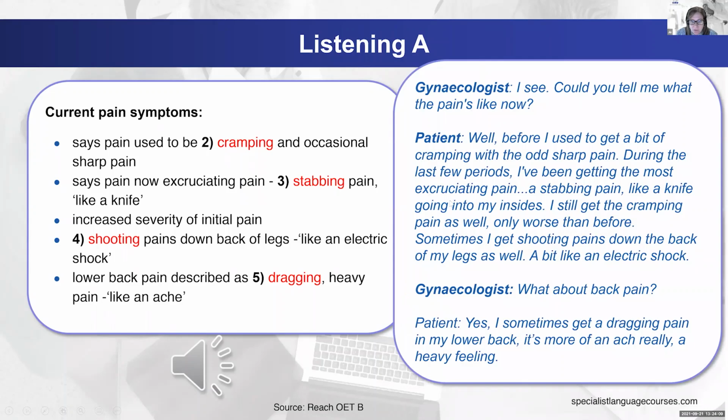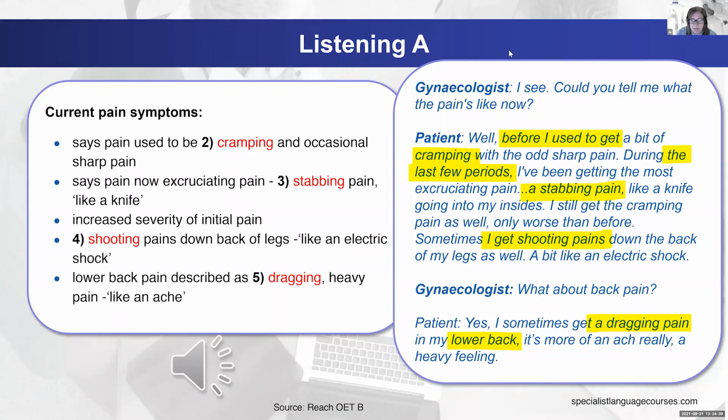So let's have a look with the transcript, and we'll see how we got to those answers. What was the key there? We've got, before I used to get a bit of cramping. So that's there, I used to get. During the last few periods, suggesting recently or now, I've been getting the most excruciating pain, a stabbing pain, like a knife.